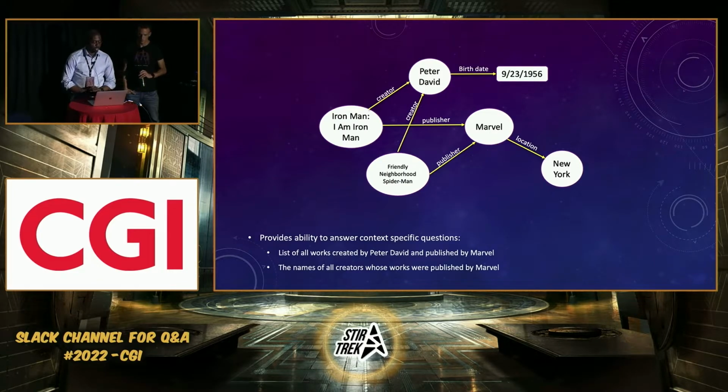So this brings us to what this data looks like if you apply it into a graph. The kind of questions that become possible to ask are something like, list all the works that Peter David created and was published by Marvel. That becomes a lot easier to search for from a computer. Give me the names of all the creators whose works were also published by Marvel.